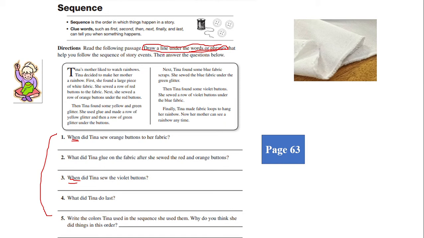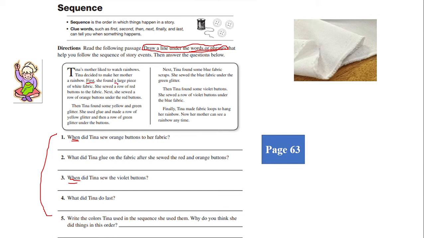First, again, get back to the directions. What does it say? Draw a line under the words or phrases that help you follow the sequence of story events. So what are these words? These are the clue words. Look here. You have "first." She found a large piece of white fabric.